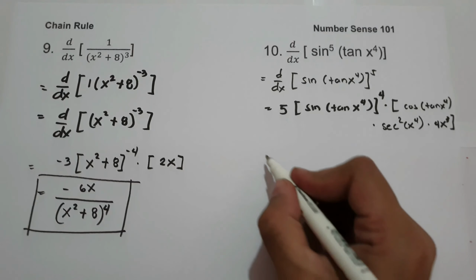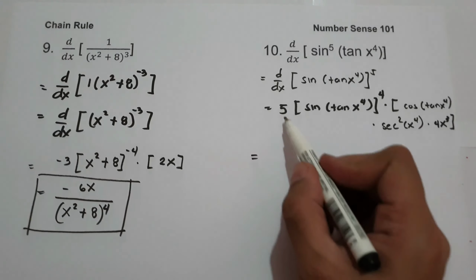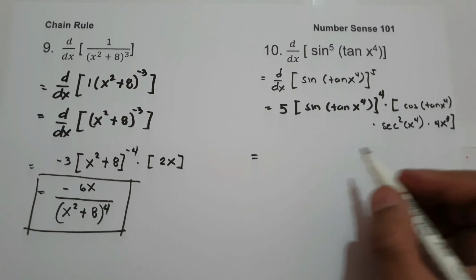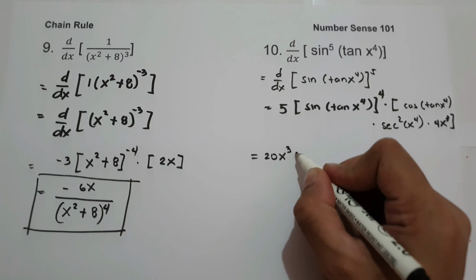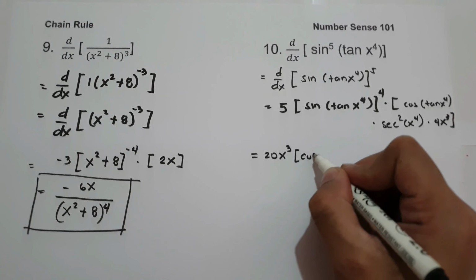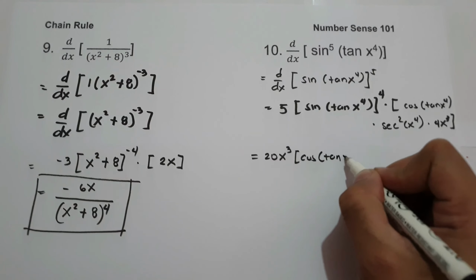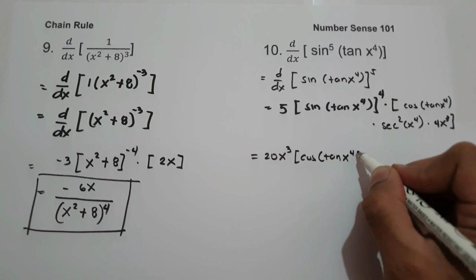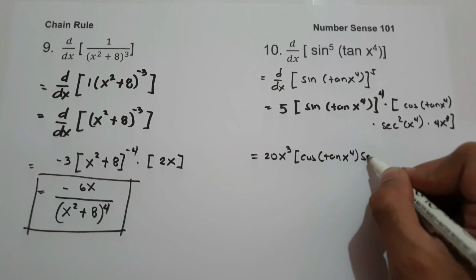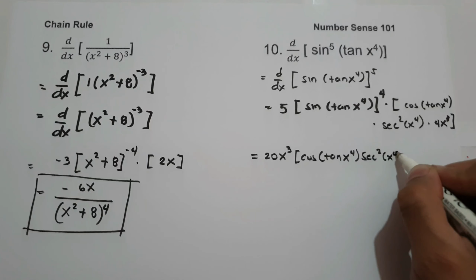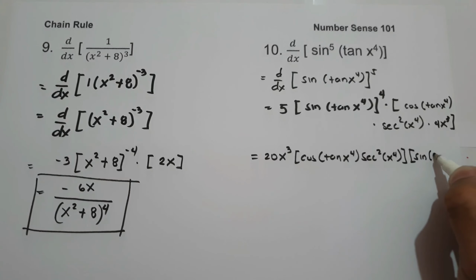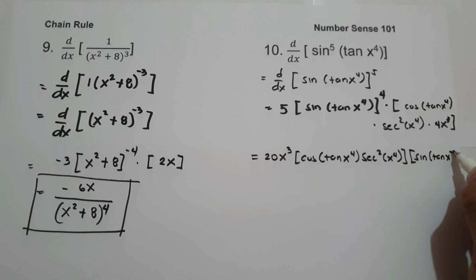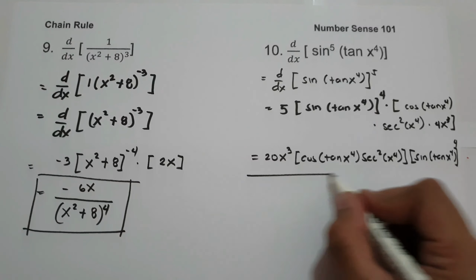And to write our final answer, let us have 5 multiplied by 4x cubed, that is 20x cubed, cosine tangent x raised to 4, secant square x raised to 4 times sine tangent x raised to 4 raised to 4. And this will be our answer.